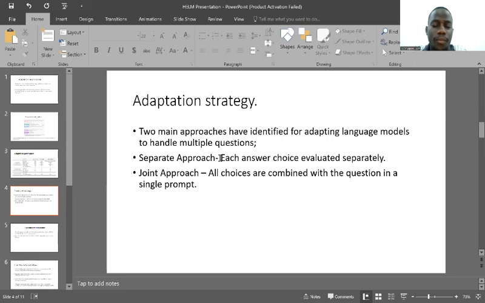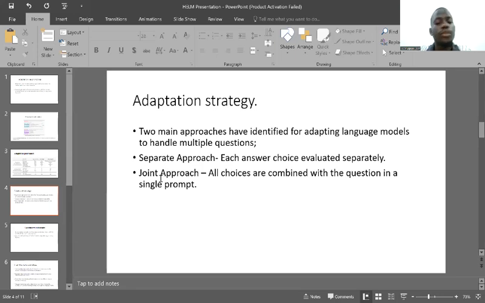We combine the question with each and every one of the answers separately. From there, the model will be able to give probabilities to these concatenated pairs, and the one with the highest probability will become the answer to the question.